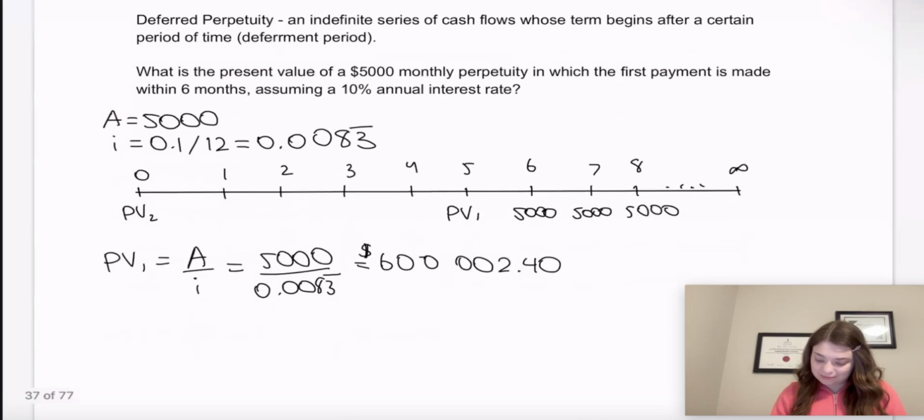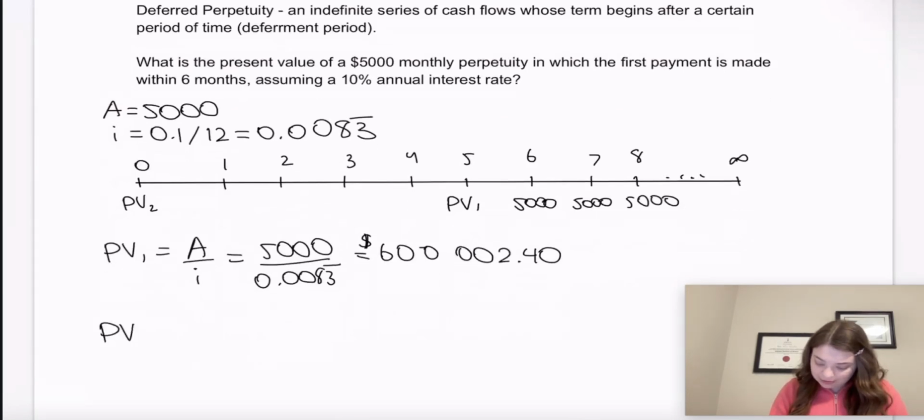Then we have PV2. Let's say we are going to put in whatever amount of money we need for this perpetuity right now, and then wait, and then start at month 6 to take money out. In that case, we're going to need slightly less set aside because we are setting it aside earlier and giving it time to grow. Six months isn't that much time to grow, but it will still make a small difference.